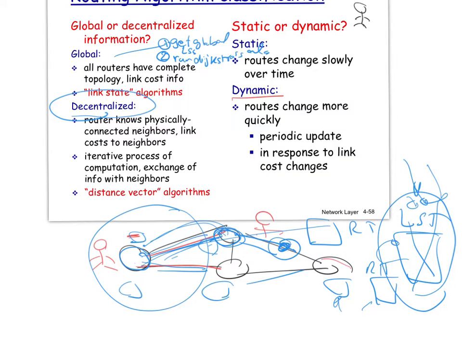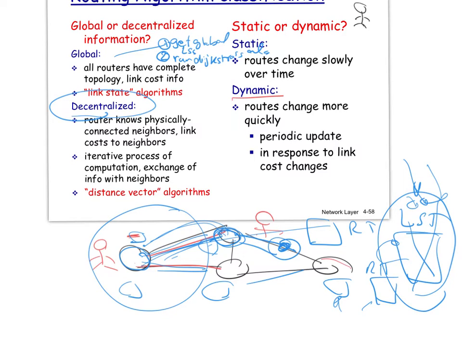So in a way, you are forced to keep exchanging these vectors of distances regularly and periodically. There's no way for you to recognize a global steady state phase. It's very hard. So that's why in distance vector routing protocols, we have to keep exchanging these messages regularly, almost non-stop. We don't stop.